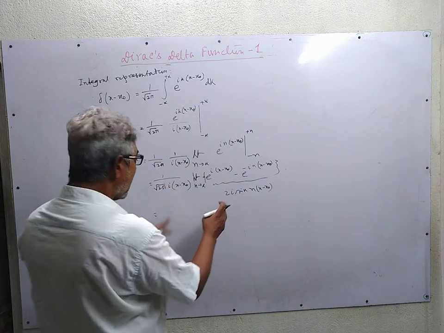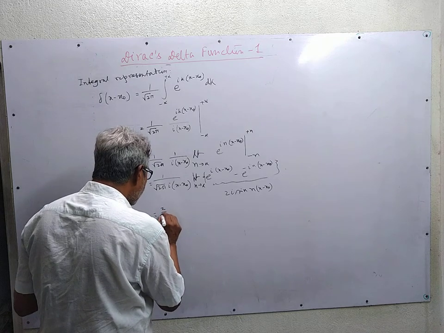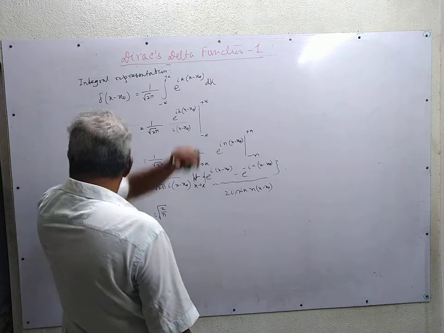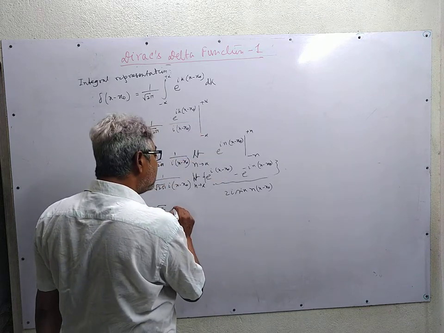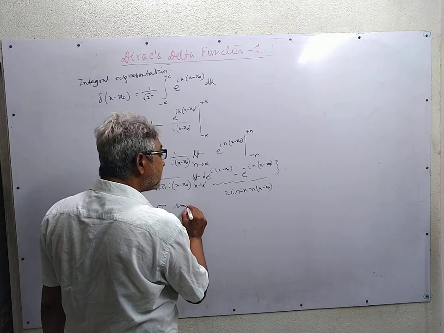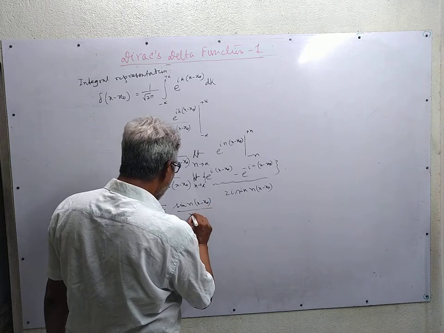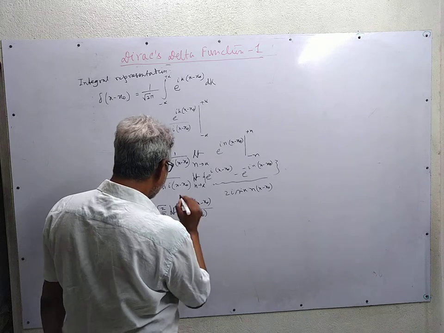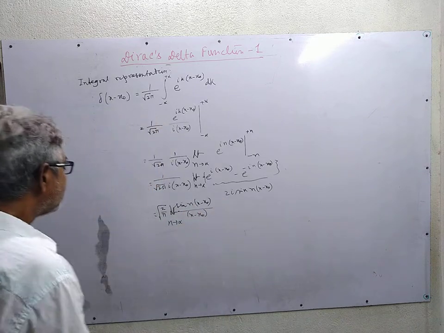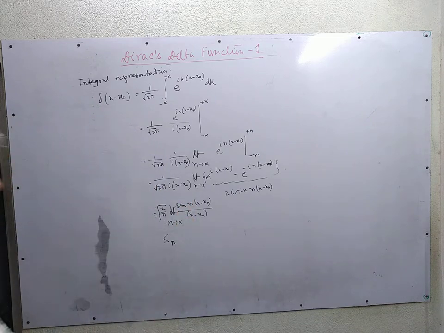So the i cancels out, this is 2 by pi, and then we have sine of n (x minus x0) by (x minus x0), with the limit n tends to infinity, which is the basis of the sinc representation. The sinc representation is obtained from this consideration.